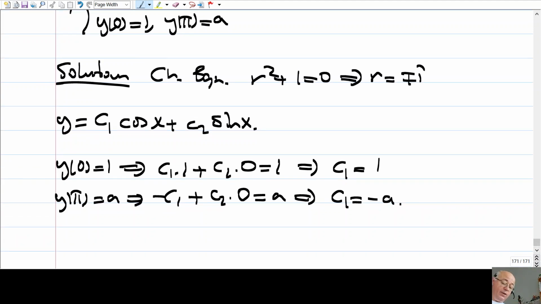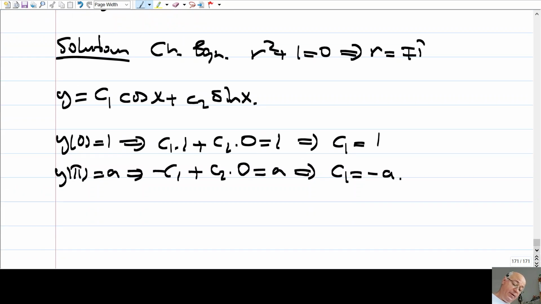So I have these two conditions on c1. Well, you see, if a is not equal to minus 1, then we obtain a contradiction because c1 becomes 1 and c1 becomes not 1. So that's a contradiction.